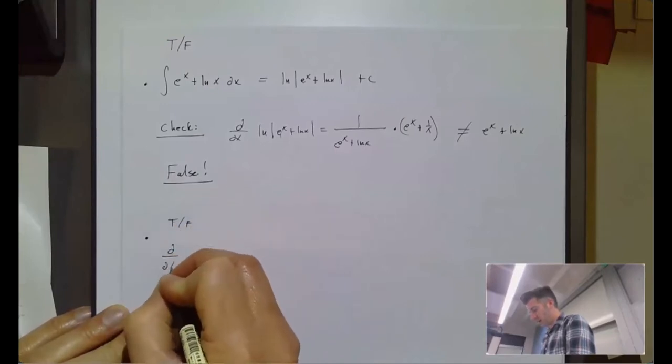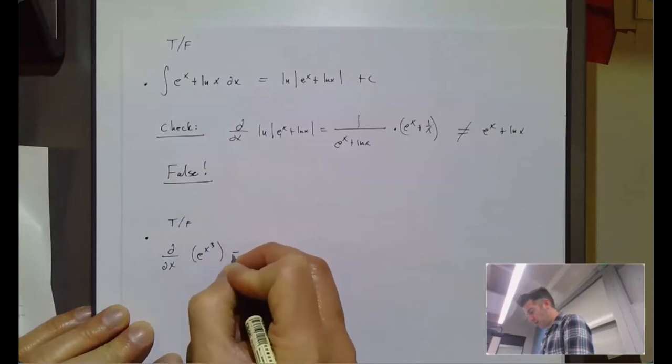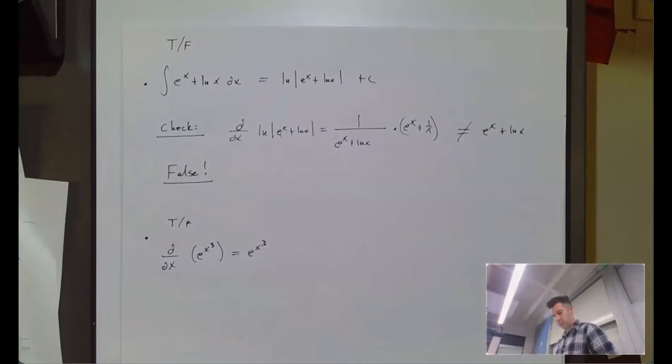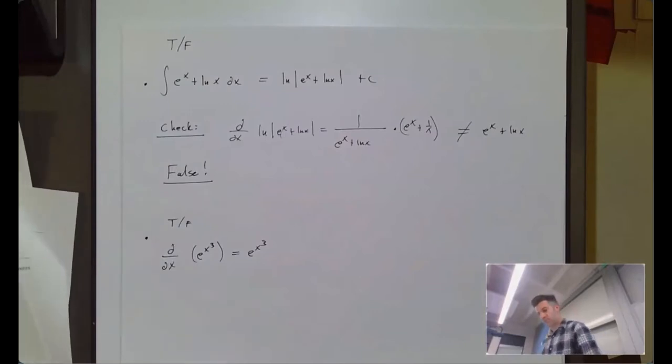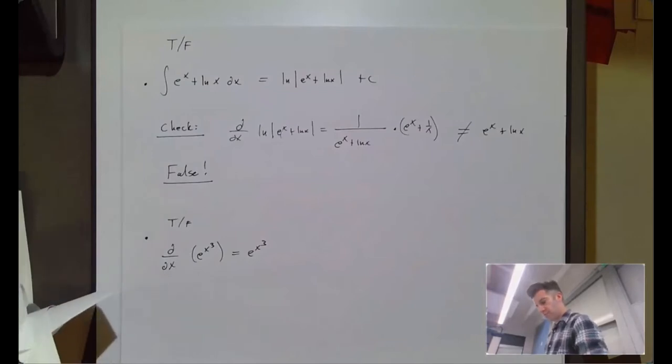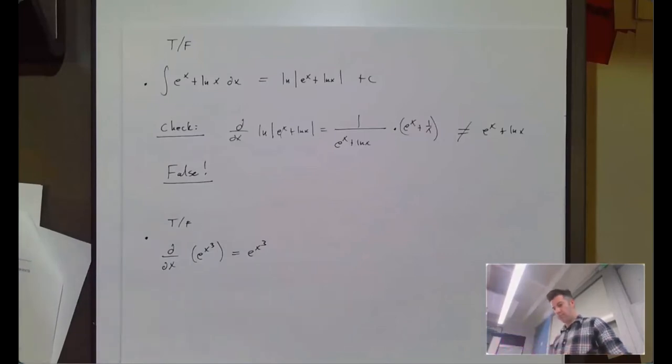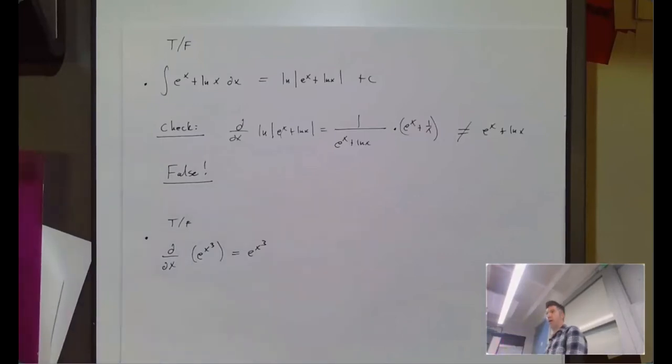The derivative of e to the x cubed equals e to the x cubed. All right, what do you guys think? True or false?